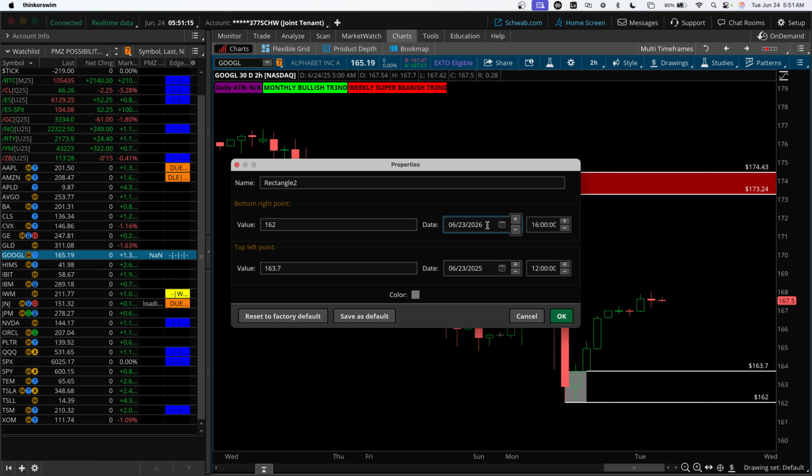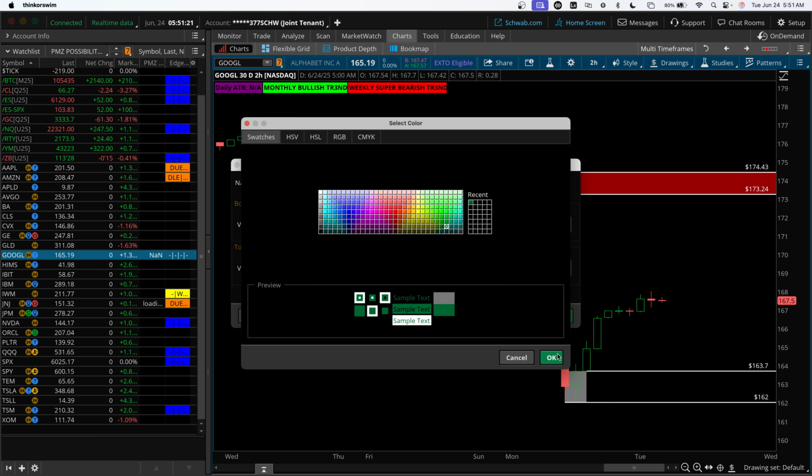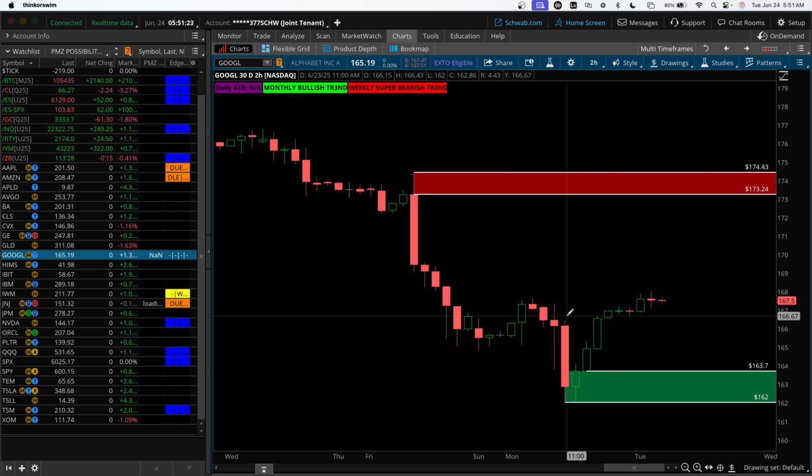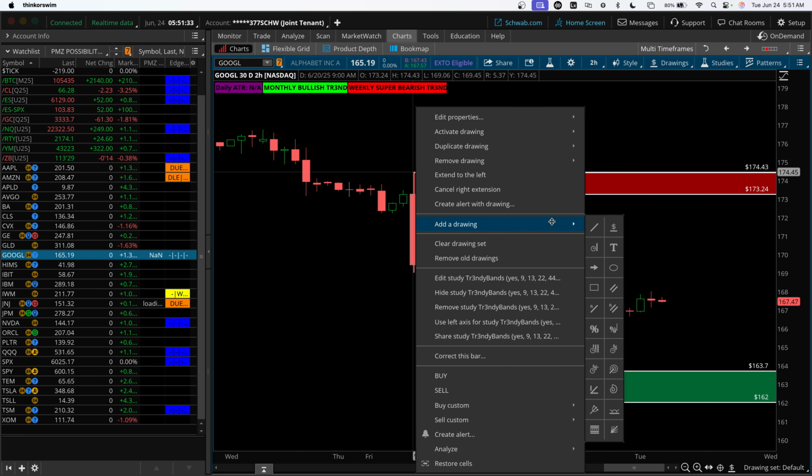But I like to scale out of my trade, protecting profits and moving stop losses up as I do. So the same process, I want to measure the primary Fibonacci, which is to the downside right now.